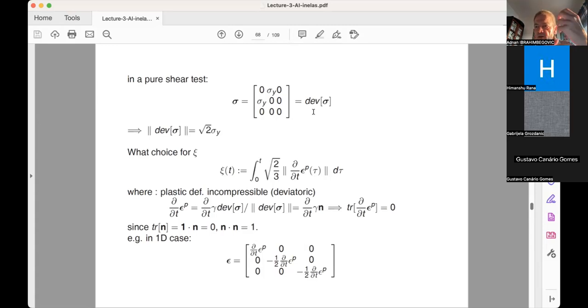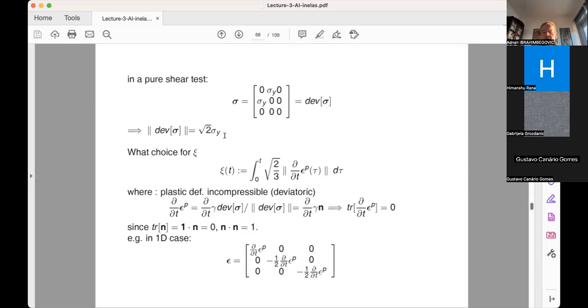If you apply torsion to the cylinder, assuming the cylinder is very thin, you say that the only stress that appears there is the shear stress. And then you can ask that the shear stress goes to sigma y, to the yield, and it happens that such a stress tensor is already deviatoric because there's nothing in the main diagonal, so the trace is equal to 0. So sigma is the same as the deviatoric sigma. If I take the norm of such a deviatoric sigma, it becomes square root of 2 times sigma y.